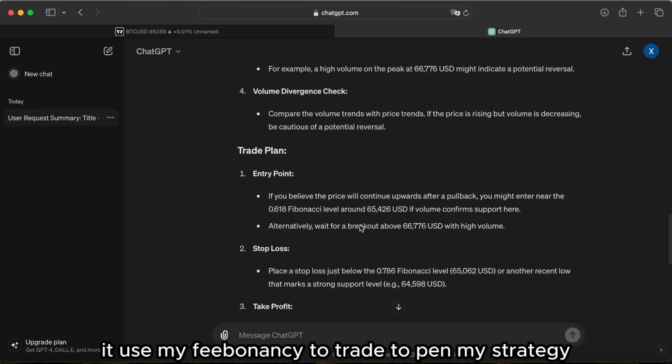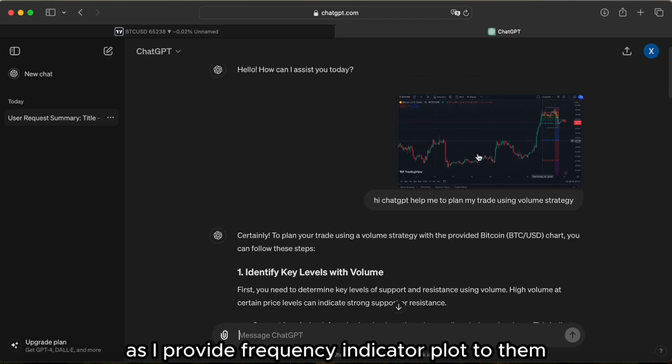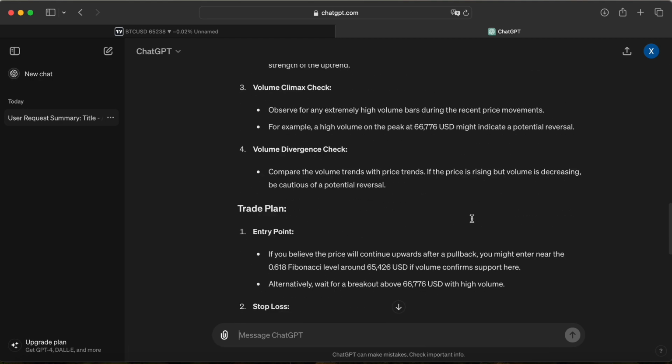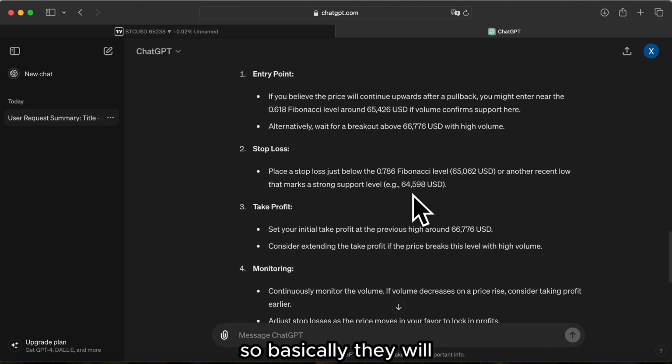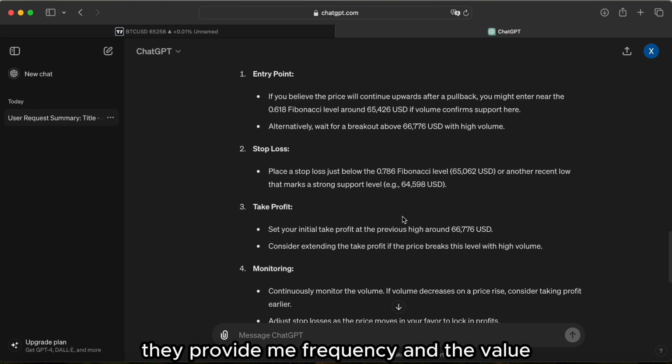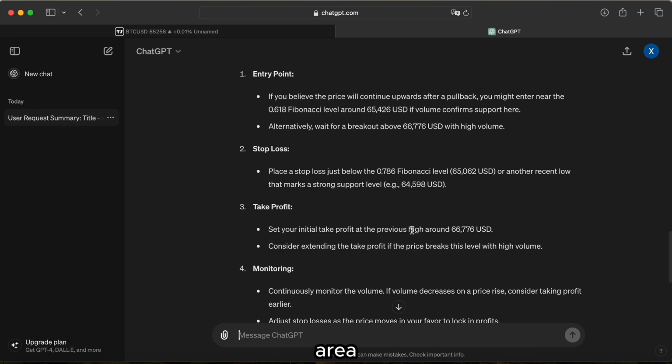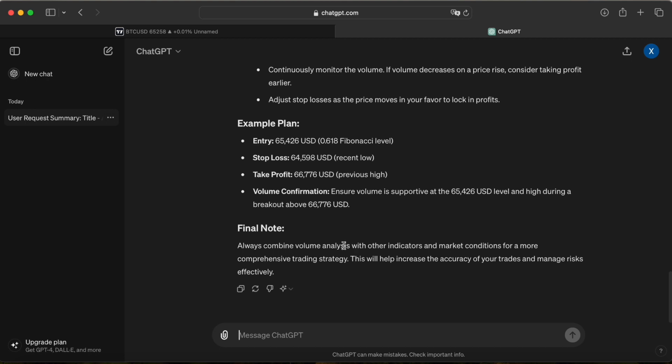It used my Fibonacci to plan my strategy, as I provided the Fibonacci indicator plot to them. So basically, they provide me Fibonacci and the value and also take profit area, and also they provide me some example plan on how I can use this strategy.